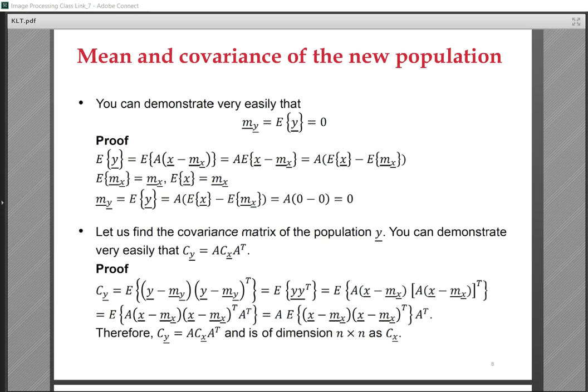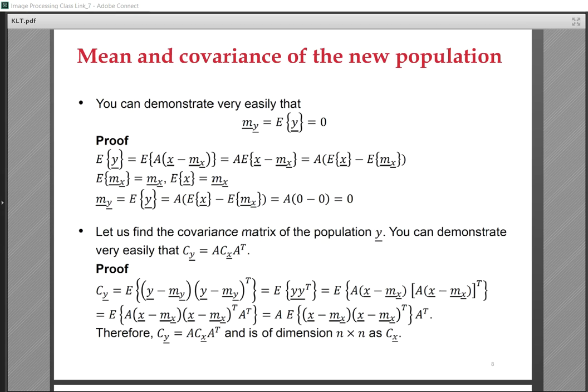E[mx] is mx for an ergodic process, and E[x] is mx. That means my, or E[y], is A(E[x] − E[mx]).